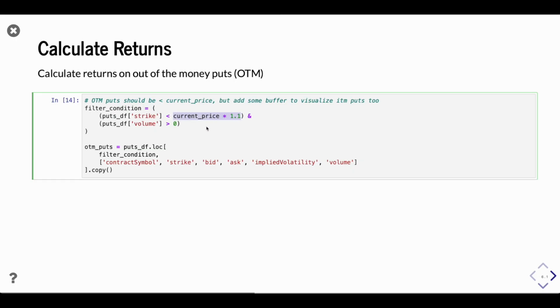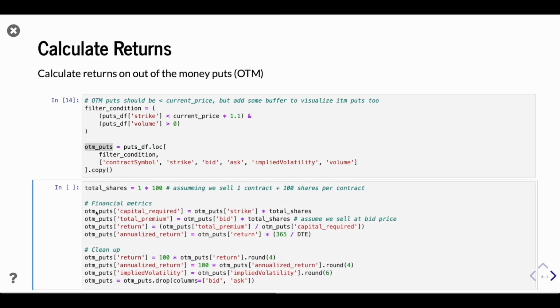So generally, out of the money put options will have a strike price less than the current price, but I'm adding an extra 10% buffer here because later on I want to visualize some of the in the money puts. But in practice, you would just do strike price less than current price. So once I apply the filter condition, I will have my out of the money puts in a data frame.